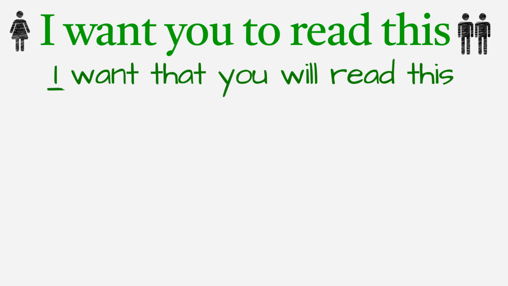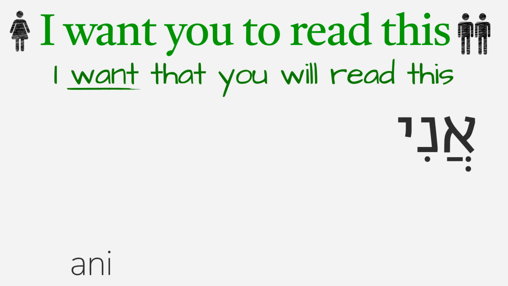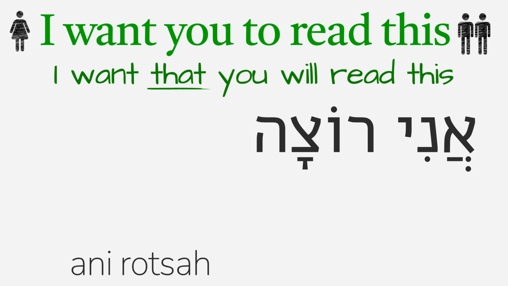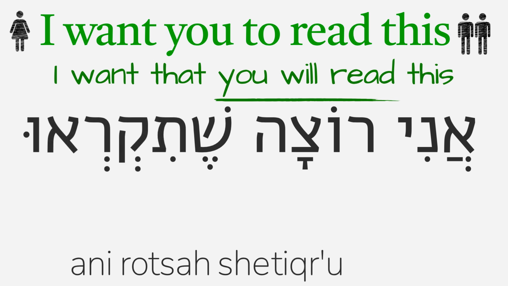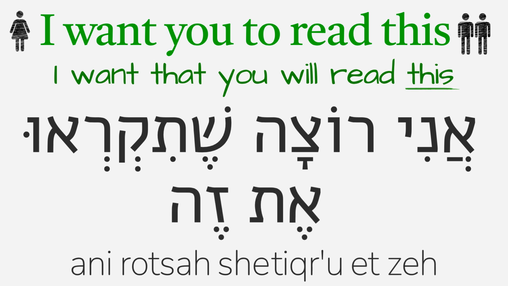So I is ani, want is the feminine singular form of the present tense, rotza, and you will read in masculine plural form will be tikra'u, with the t prefix and u ending. This is et ze. Ani rotza shetikra'u et ze. I want that you will read this. That is, I want you to read this. Ani rotza shetikra'u et ze.